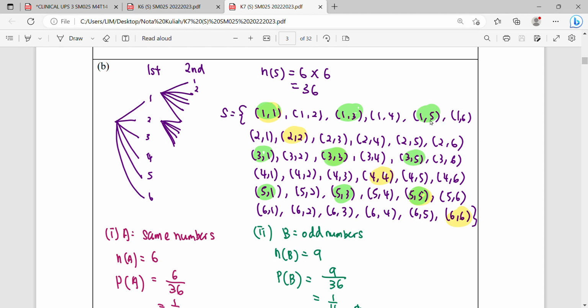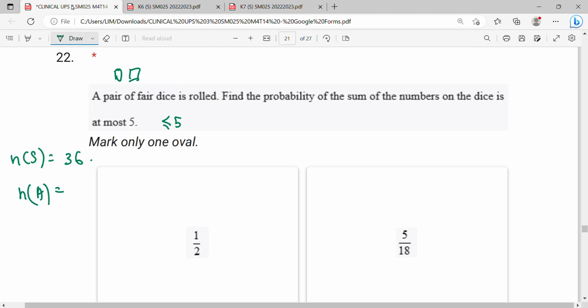No. So dah 2 tak boleh. Lepas tu? So tadi 1, 2, 3, 4, 5, 6, 7, 8, 9, 10. No more. Other than that, it's bigger than 5 already. So we have 10. Therefore, probability 10 out of 36, simplify.